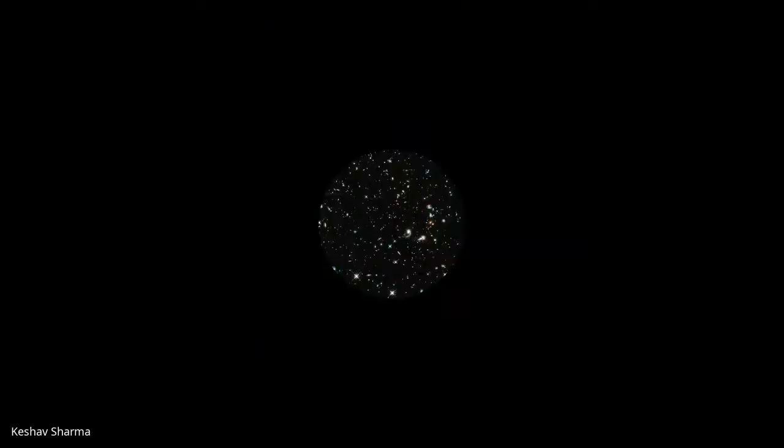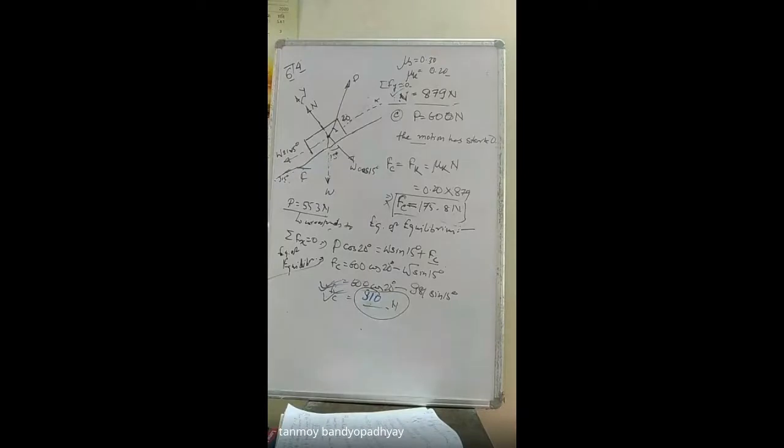Yes, sir. So now we go to problem number 6.6. As you can see, a force P is applied at the point A and it is slowly increased. We have to state the occurrence, whether there will be slipping or tipping first.